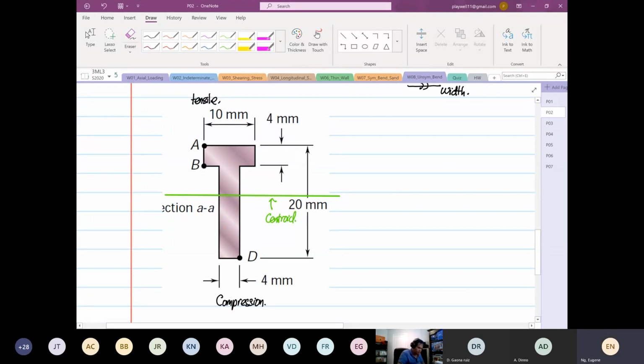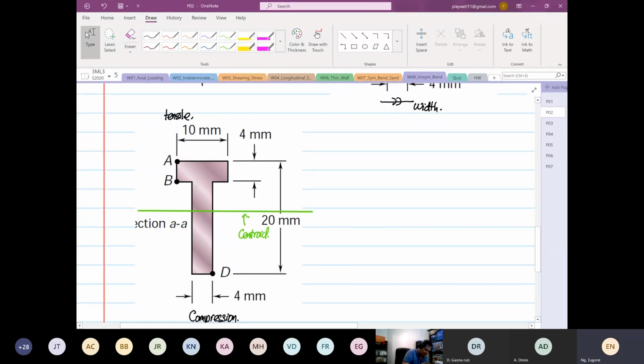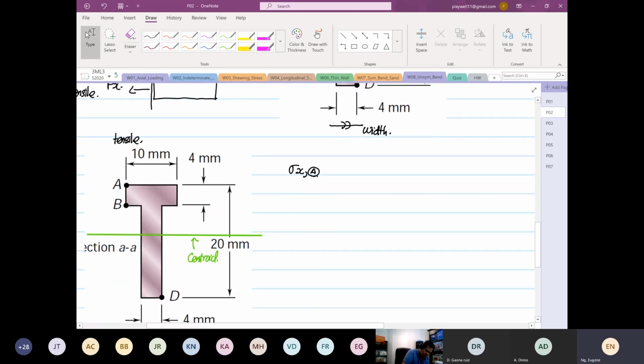So let's find the stress in X about point A. This will be equal to Px over A, tensile, plus Mz over IZZ multiplied by y.